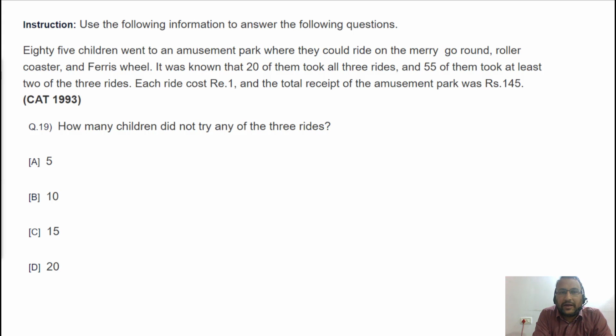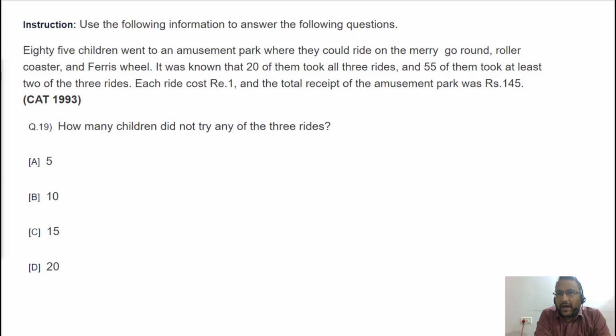Question number 19 and 20 are dependent on the same data. The question is from CAT 1993. 85 children went to an amusement park where they could ride on merry-go-round, roller coaster and Ferris wheel.